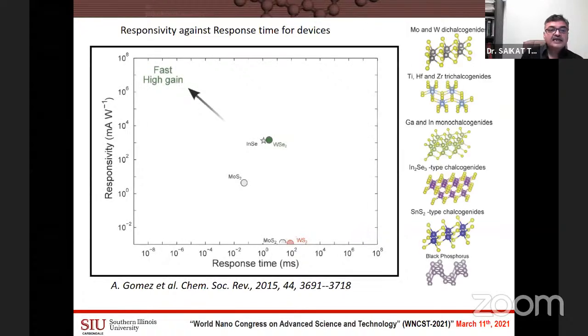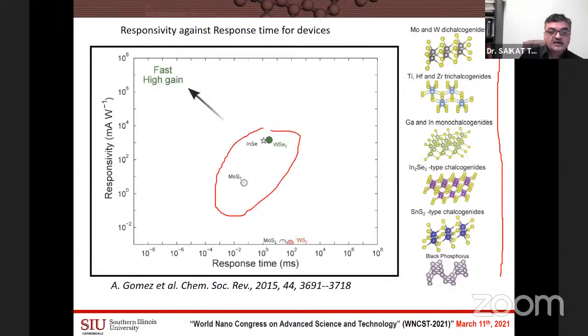Now, if you look at any kind of photogain material, the idea is you have to have very high responsivity as well as fast response time. People have looked into many materials. These are the materials that we have done in our lab. And of course, these are exfoliated, very defective.